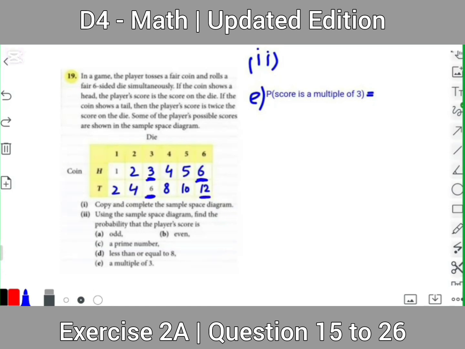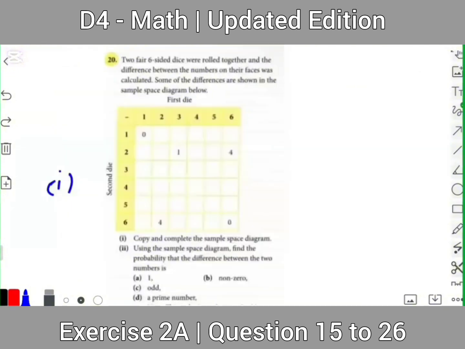So the number of favorable outcomes is 4, and the number of total possible outcomes is 12. So it will be simplified to 1/3. So the probability that the score is a multiple of 3 is equal to 1/3.